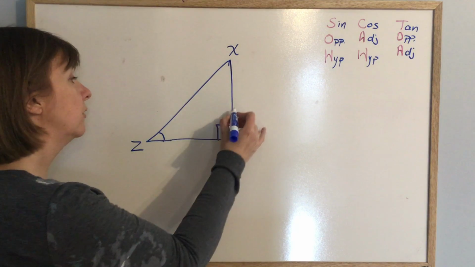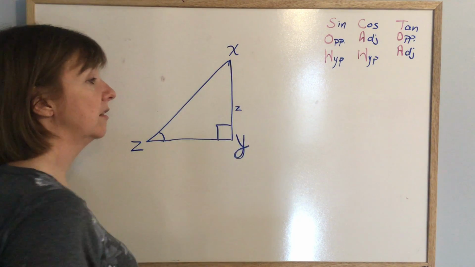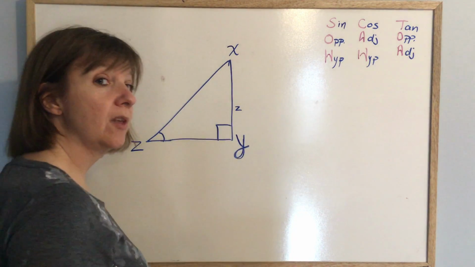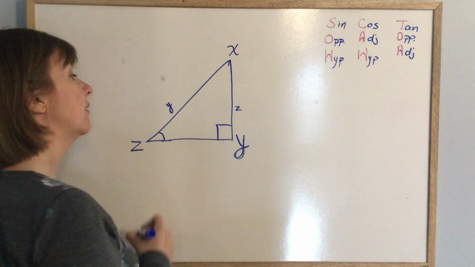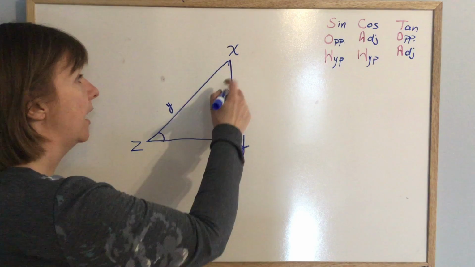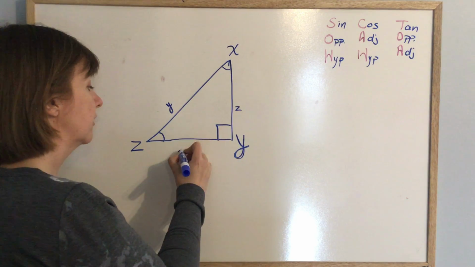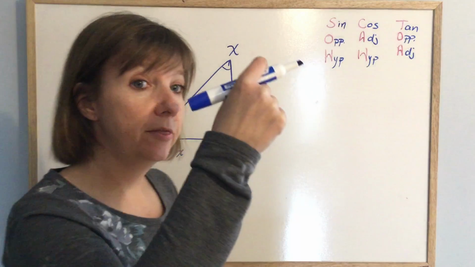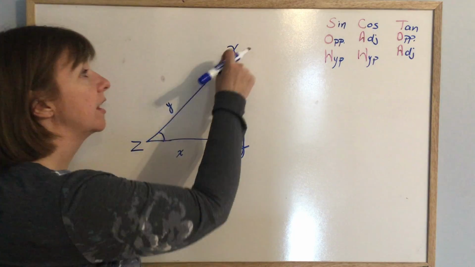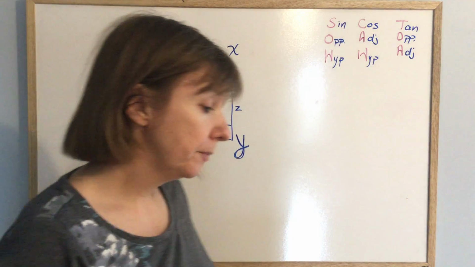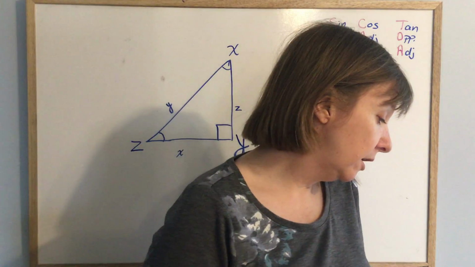If this is angle Z, this is side z. If this is angle Y, this is side y. And if this is angle X, then this is side x. The side opposite the angle is always the lowercase letter of whatever the angle is.